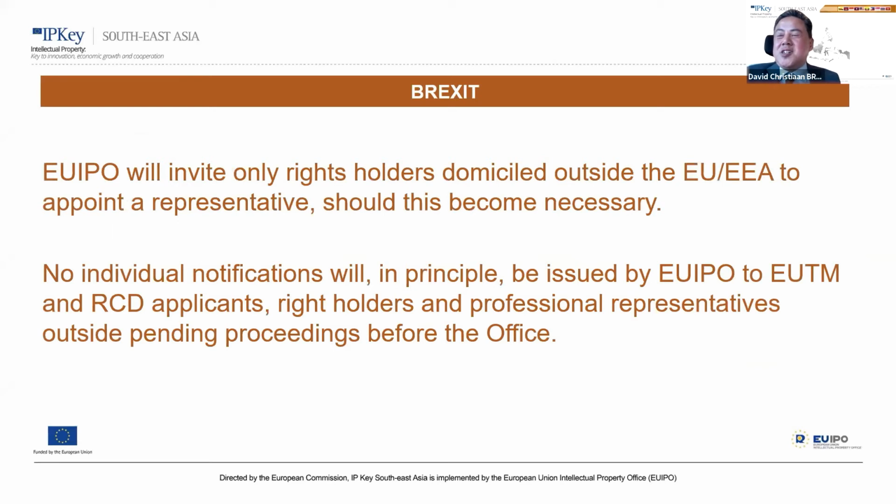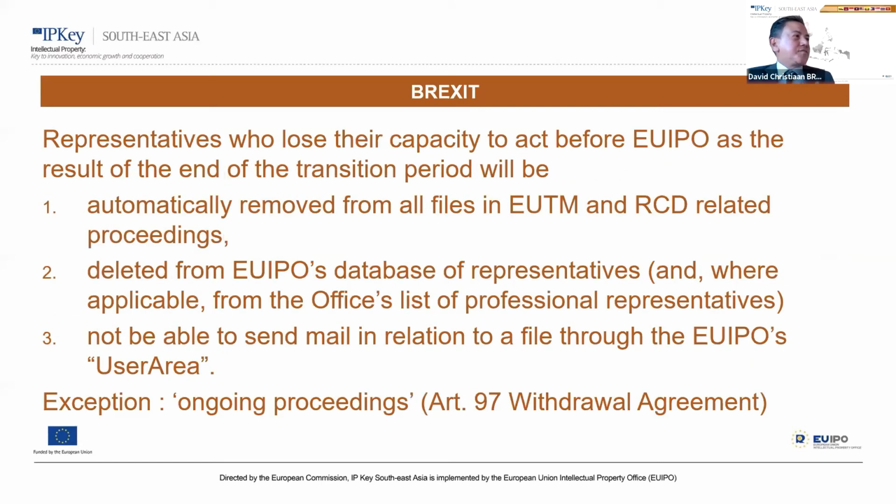But if it's a registered IP right, then there are no notifications. And then we have, of course, the subject of the representatives of the UK. What will happen with them? They will lose the capacity to act before the EUIPO after the transition period.